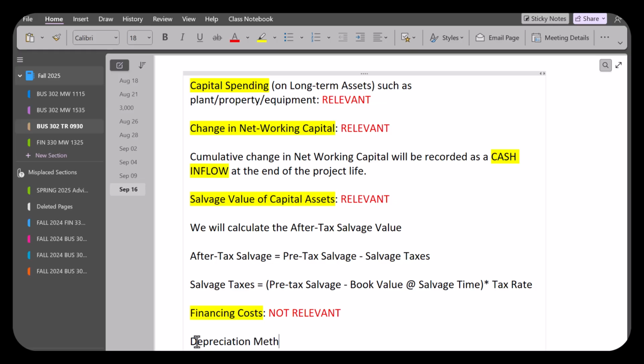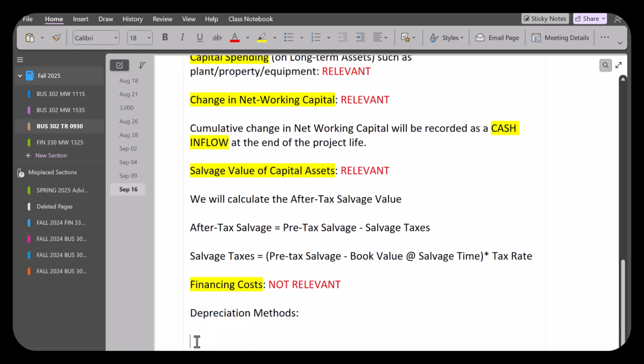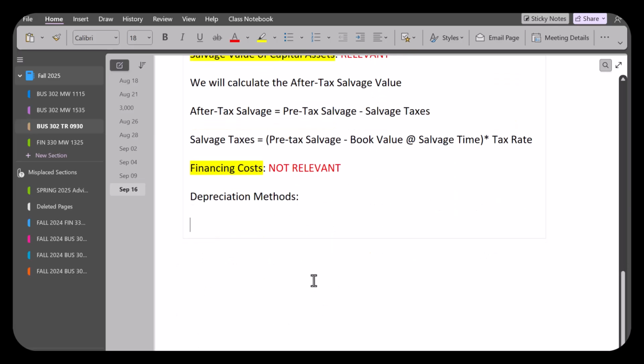There are three main types of depreciation methods. Your book also talks about the bonus depreciation thing. I'm not going to worry about that because I'm not sure it survived this new tax bill.